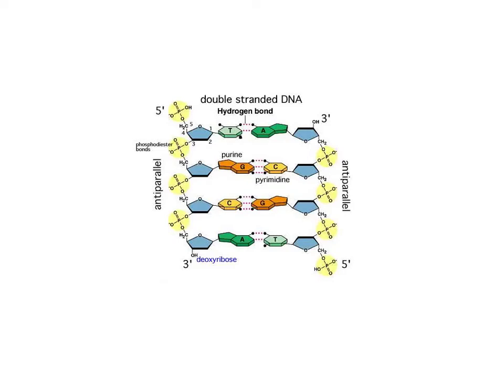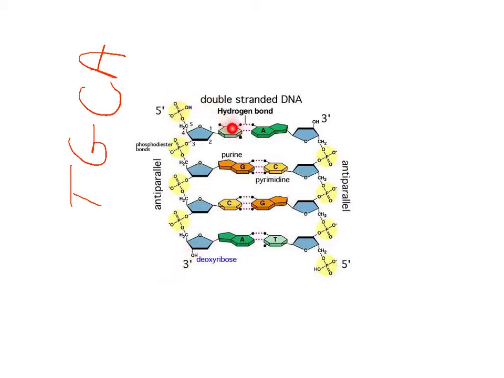Now that again is on the left side of the double-stranded DNA, the sequence T, G, C, A, because the code is read from 5' to 3'.